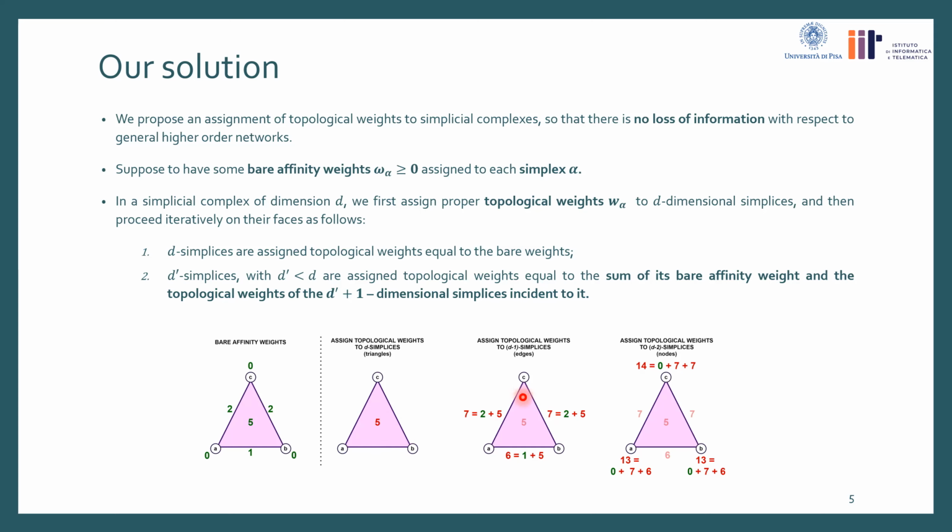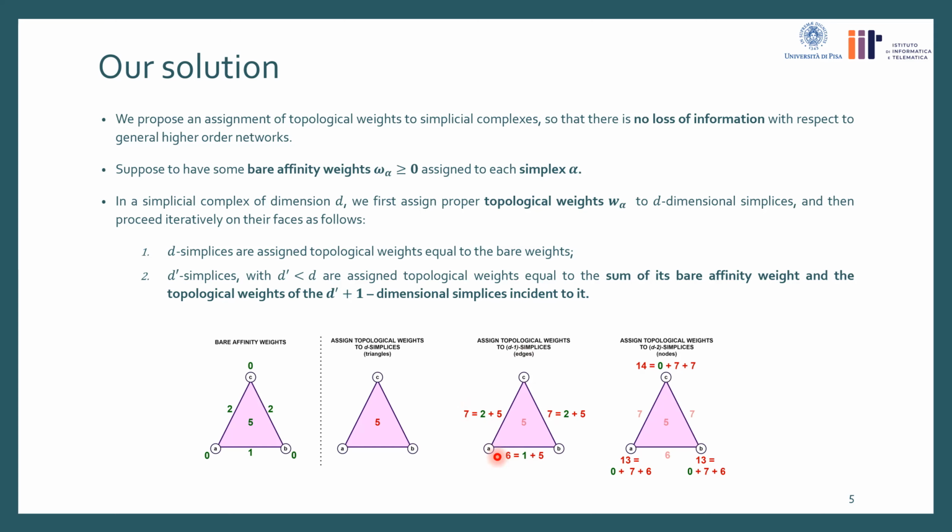Then we pass to the edges, and each edge is associated a topological weight, which is equal to the sum of the topological weight of the simplices of higher order that are incident to that edge. So in this case, just the triangle is incident to, for example, edge AC, plus the bare affinity weight of the current edge, so 2 in this case. So the topological weight of this edge will be 7.